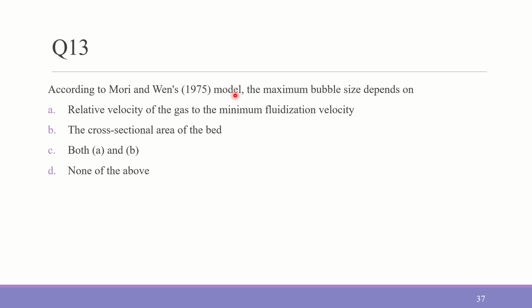So in Mori and Win's 1975 model the maximum bubble size depends on cross-sectional area of the bed and relative velocity of the gas to the minimum fluidization velocity. So the answer is option A and B.